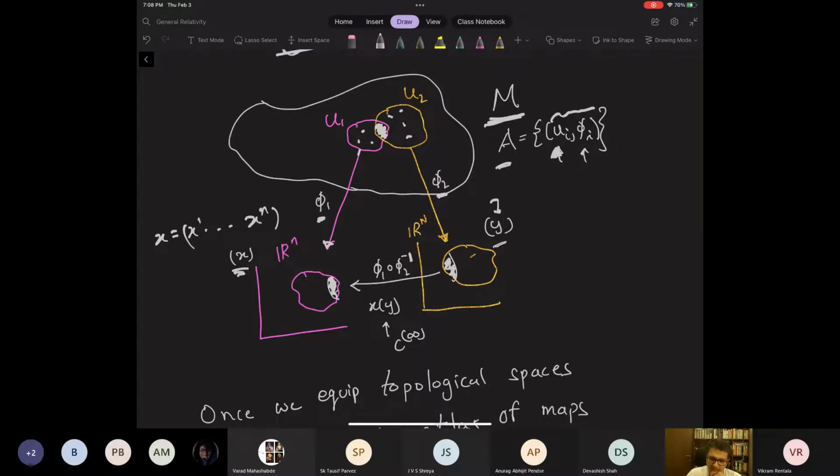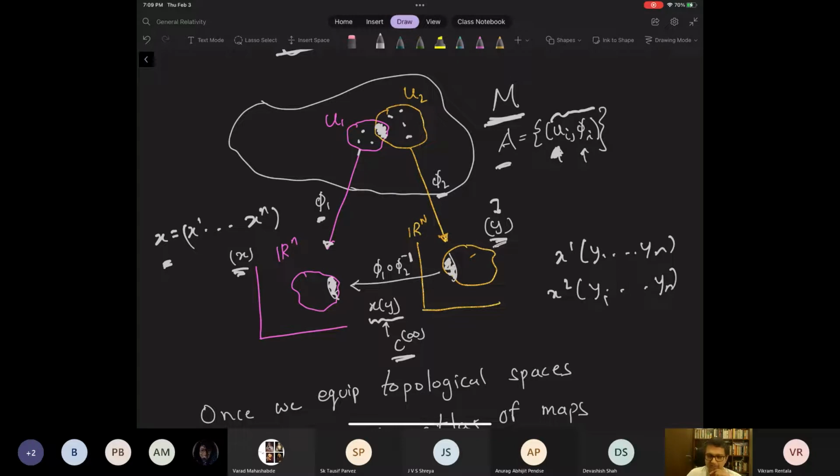Now I can define a change of coordinates from the coordinate choice y to the coordinate choice x, and the smoothness of the manifold ensures that this coordinate transformation is smooth. In other words, if I take the functions x of y, where I mean x1 as a function of y1 through yn, x2 as a function of y1 through yn, and so on, we know how to define differentiation on these functions.